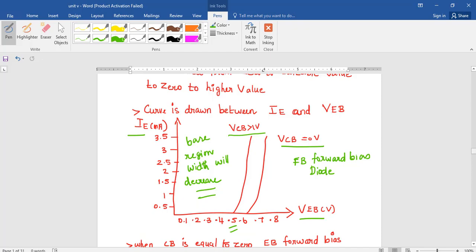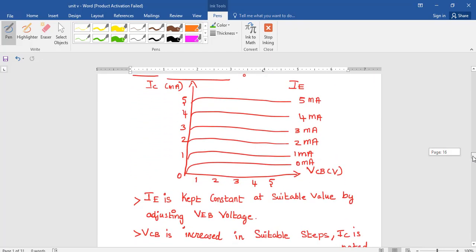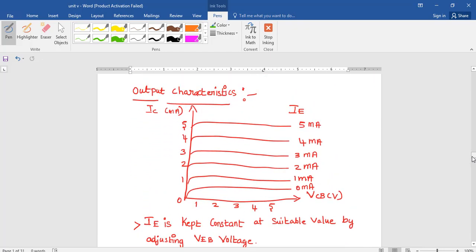Then output characteristics. This is your output characteristics. Here you can see that a graph is drawn between VCB and IC. Here IE is varied from 0, 1 ampere, 2 ampere, 3 ampere, 4 ampere and 5 ampere.